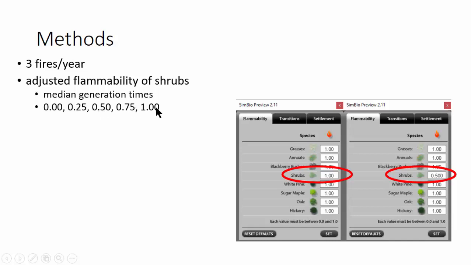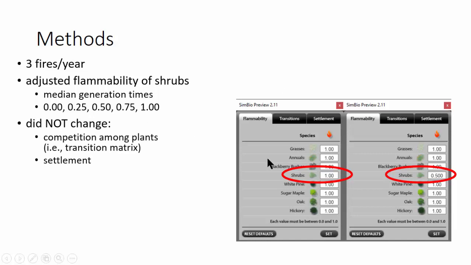And these are the flammability values that I use: 0, 0.25, 0.5, 0.75, and 1.0. So I'm explaining to the audience exactly what I did. What I didn't change, and I talk about the things that could be important. So competition, which is this transition matrix, settlement. Okay, I'll talk about more of this when I give this as an example.